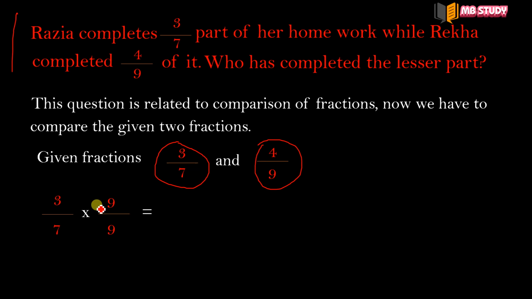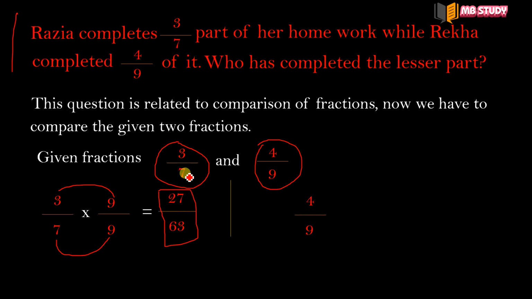Look at that. 3 nines 27 and 7 nines 63. 27 by 63 is one fraction, and the second fraction is 4 by 9.